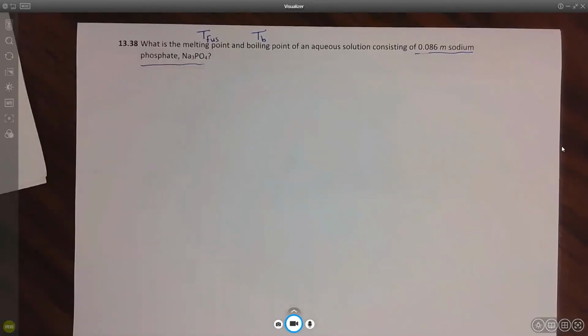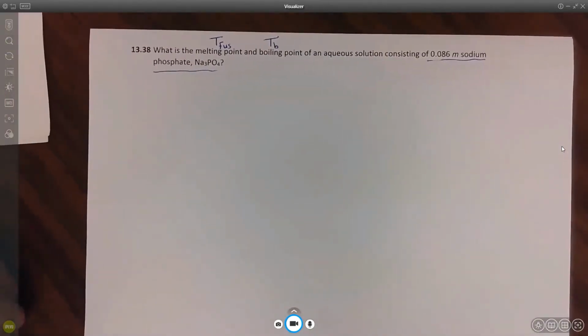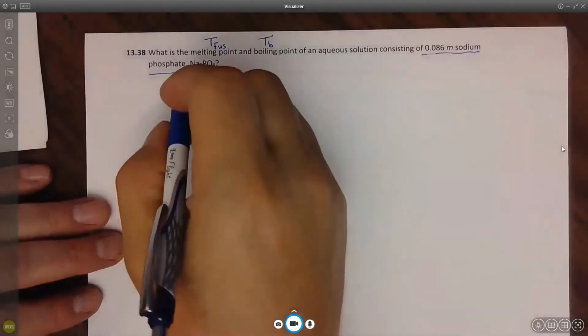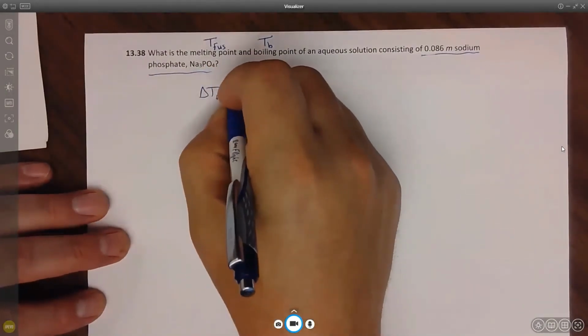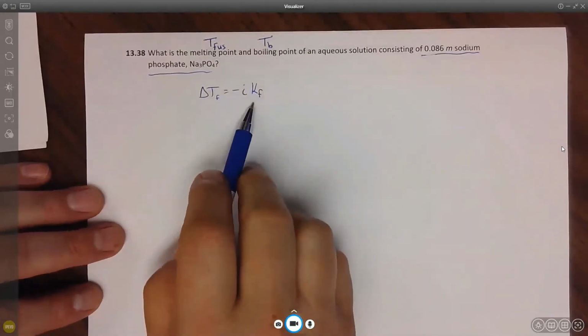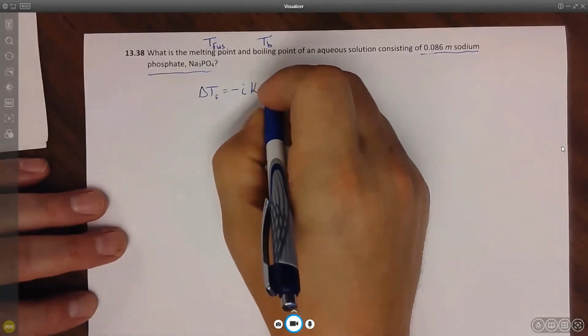You're going to want to use the equation for the negative i Kf Cm. So the change in the freezing point is going to be negative i Kf, the freezing point depression constant, and then the concentration. What concentration is that?